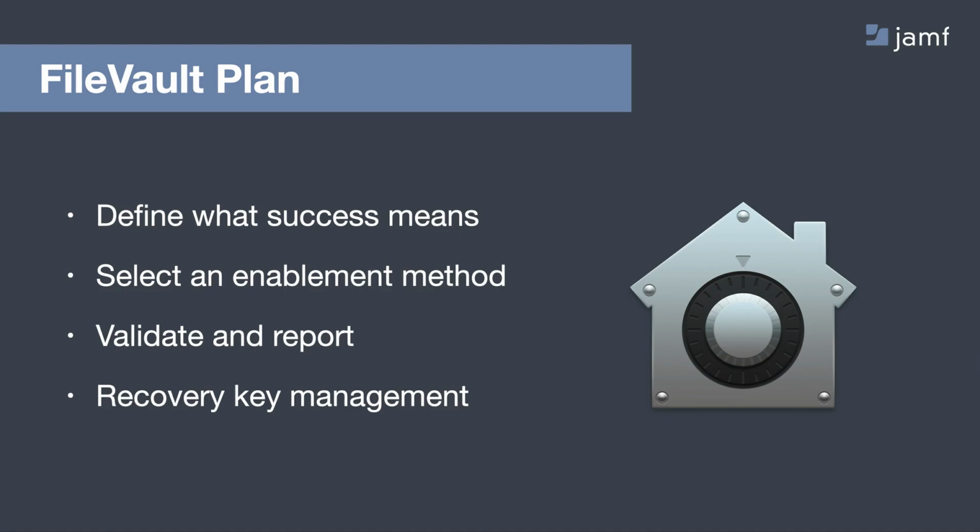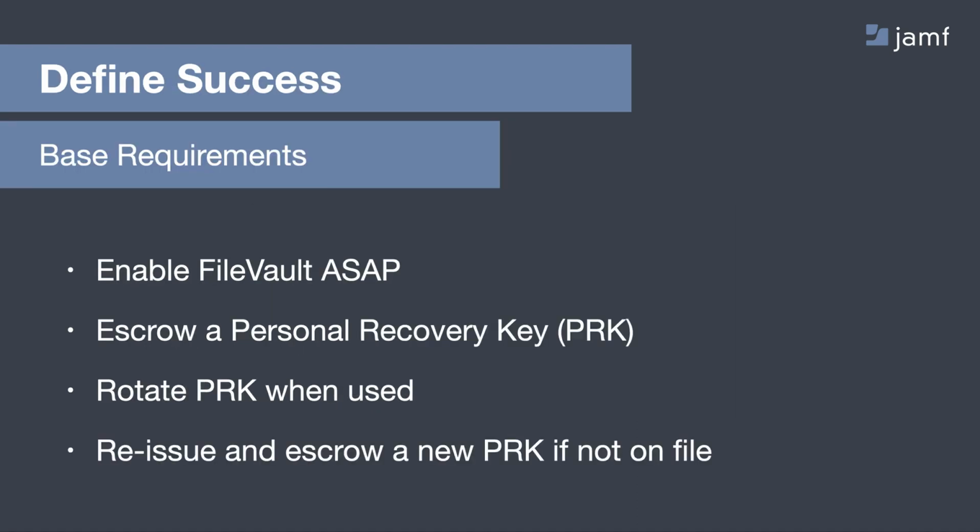Define what success means. What does that look like? What method do you want to use to enable? How do you plan on targeting and reporting? And how do you plan on ongoing managing those recovery keys? One could reasonably argue that any FileVault deployment is going to have these items as some of their core goals.